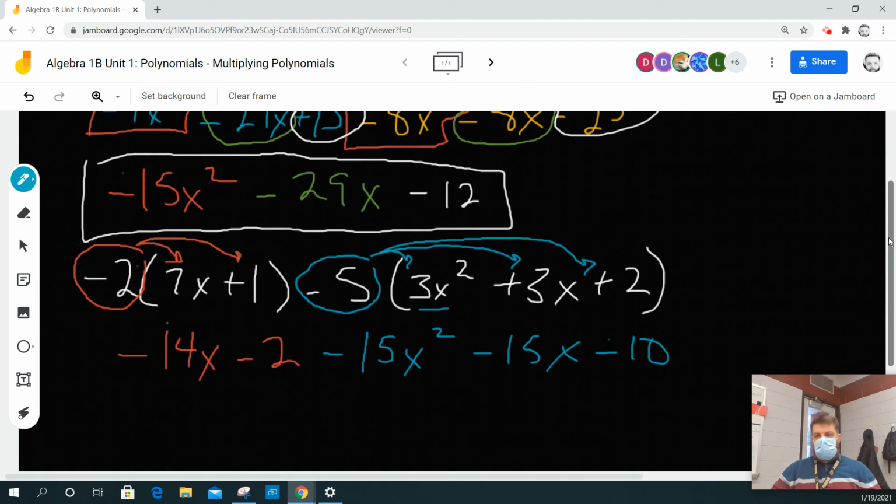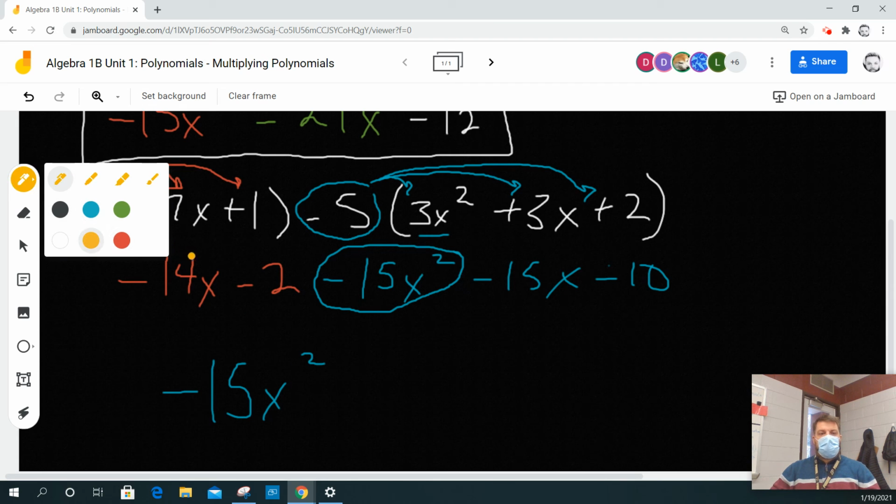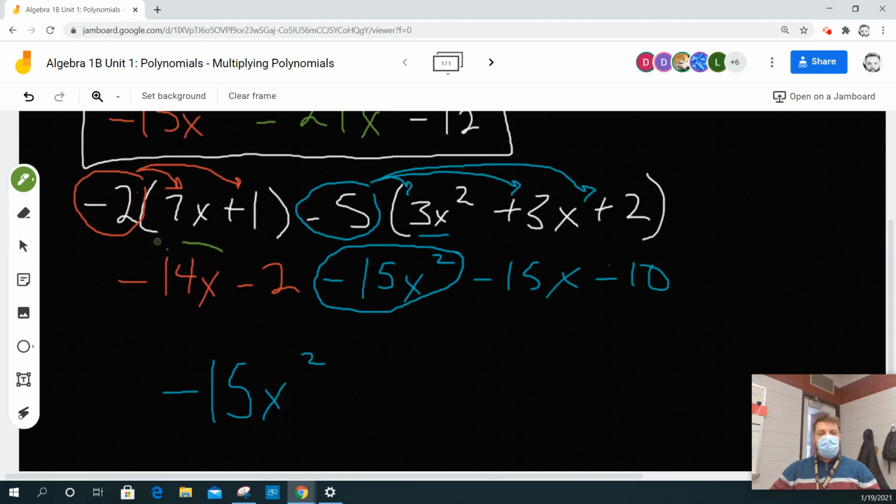Again, we're going to double check this real quick and combine like terms. There's only one term raised to the x squared, so only one second degree monomial. Next I look for something with x raised to the first power.